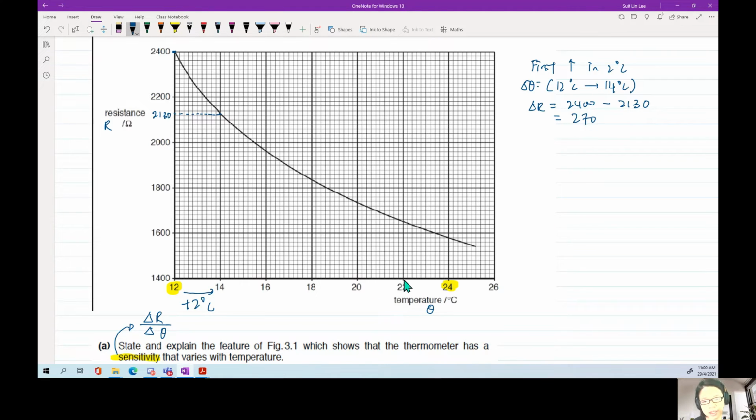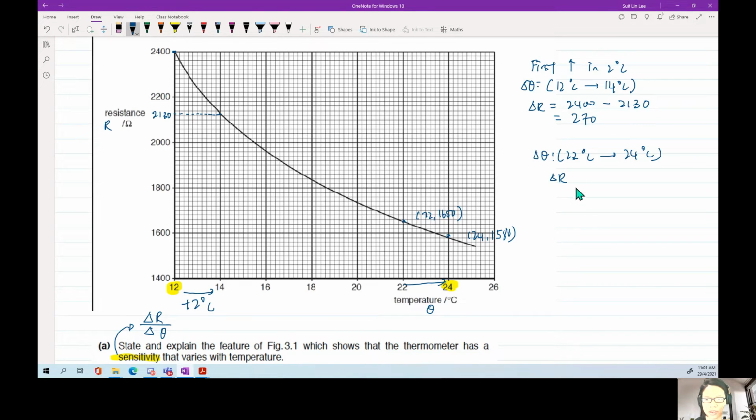Okay, let's consider the last 2 possible readings here. For delta theta from 22 degrees Celsius to 24 degrees Celsius, the resistance goes from 1650 to this value, which is 1580.